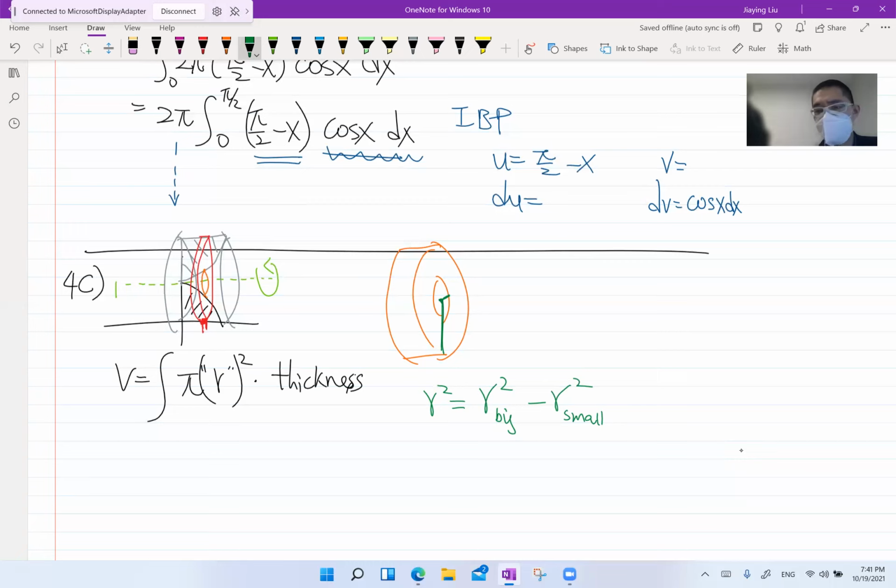So what's the bigger radius? The bigger radius is from this axis of rotation all the way to the outside of the solid, which is the x-axis. So R big is just equal to 1, because it's from y equals 1 to y equals 0. Now, what about the small radius?